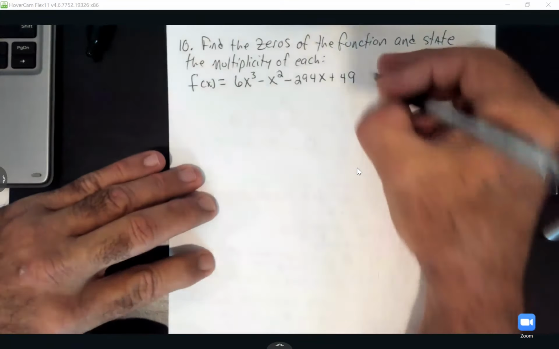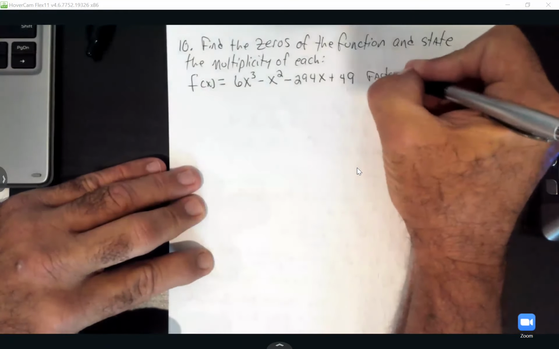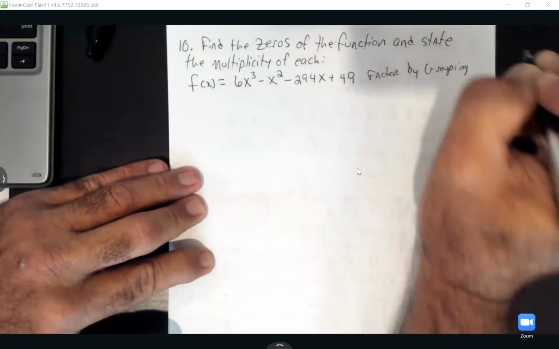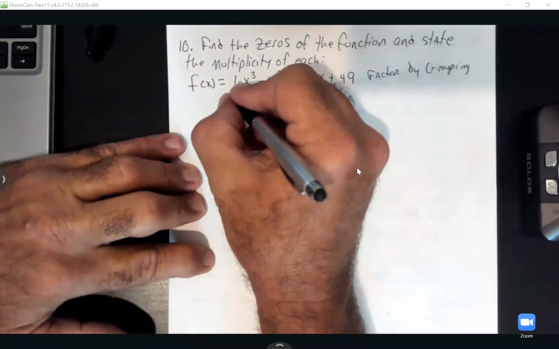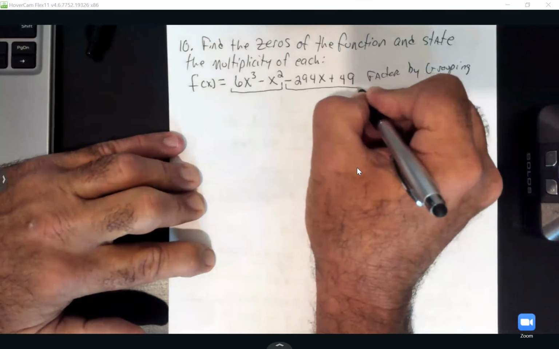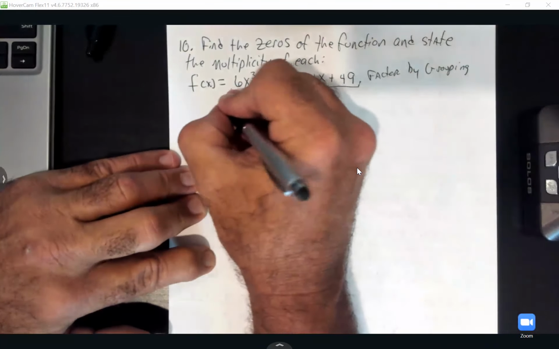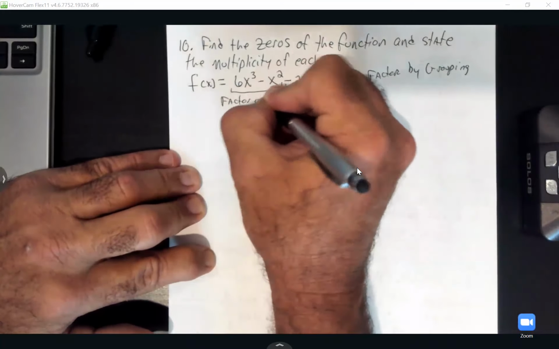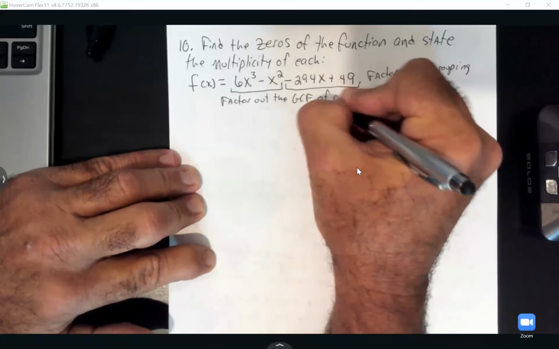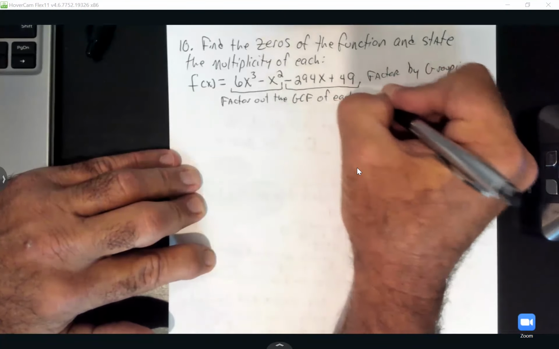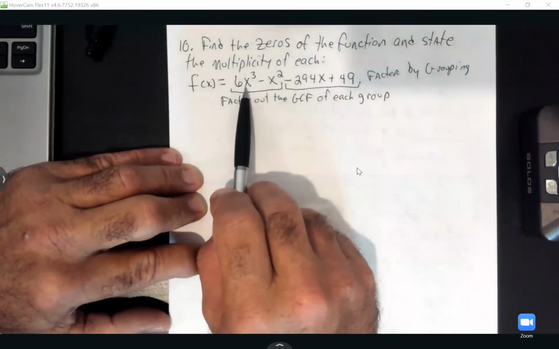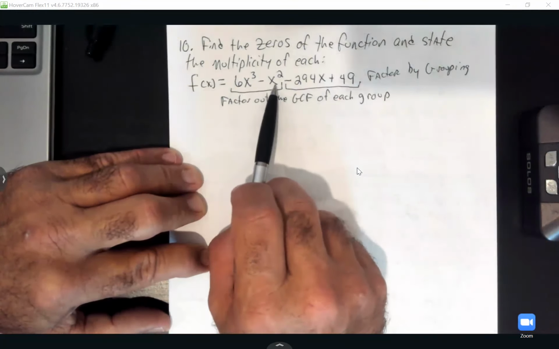All right, so remember, we're going to factor by grouping again. So to factor by grouping, I'm going to form 2 groups. Each of these will have 2 terms each. And we're going to factor out the GCF of each group. So y'all, I ask y'all this. I got a 6x to the 3rd and a negative x squared.